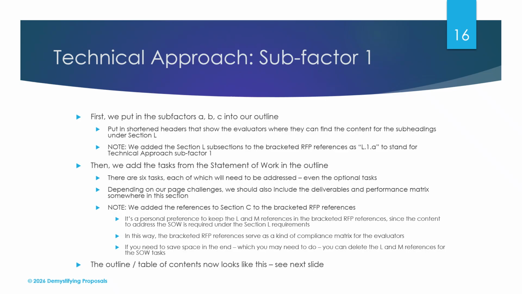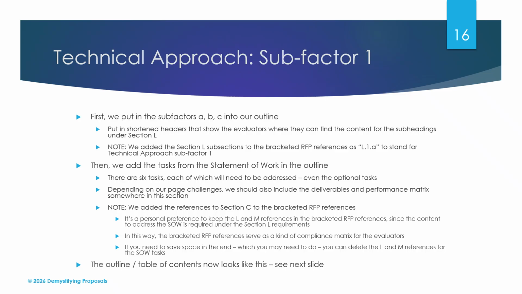It's very clear that it's the same information. And then also note that we added L1A for subfactor A and L1B for subfactor B, so we added that in the bracketed RFP references in the headings.